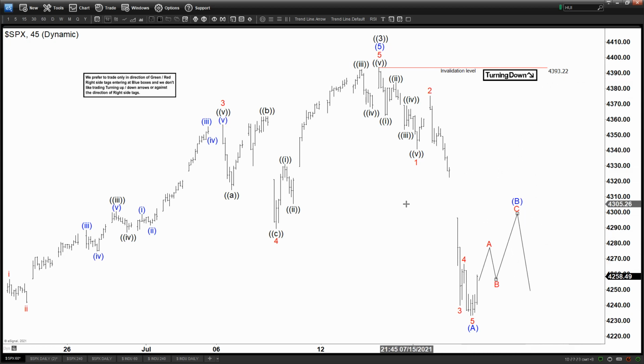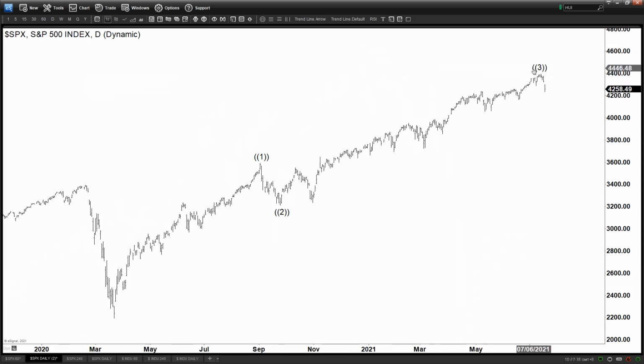Now let's zoom out a little bit and take a look at the larger degree. Remember, we ended this with 3 right here in the primary degree. So if we go to the daily chart now, this is the wave 3 here, the all-time high in the S&P.